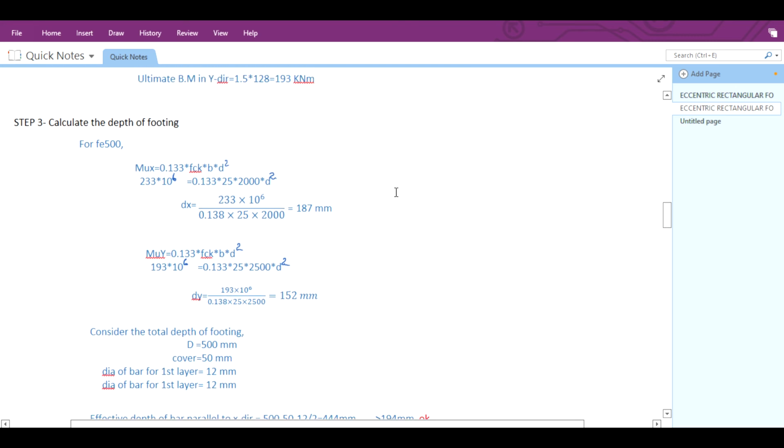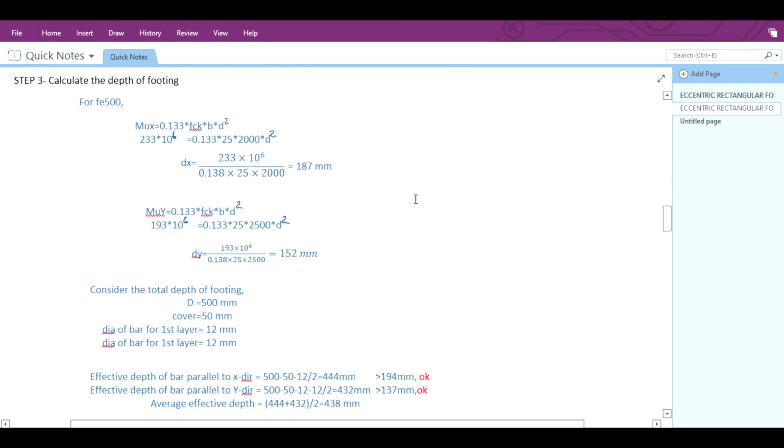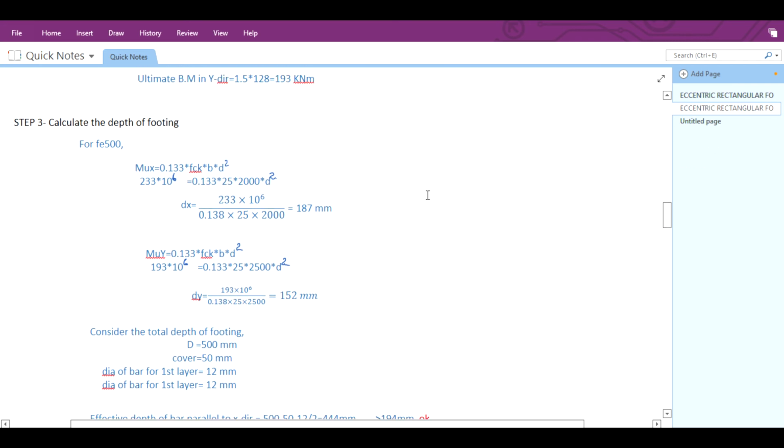So the next step will be calculation of the depth of the footing. For Fe 500 we have taken the grade of steel as 500. For SP16 you can check, for Fe 500 your formula will be Mux is equal to 0.133 fck bd square.